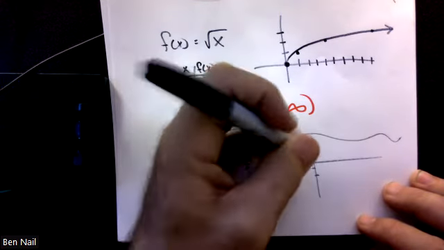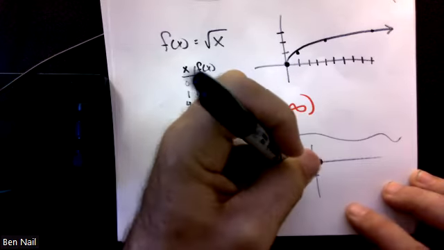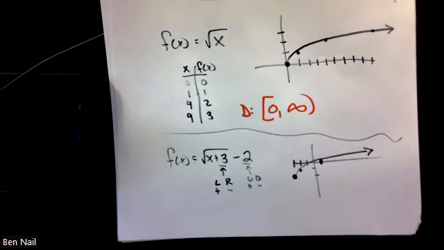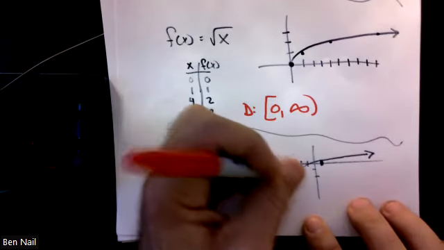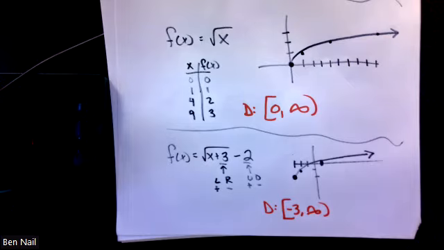So over 1 and up 1, 2 over 4. So it would look like that. Then again, if they ask you about the domain of this particular function, it's everything from -3 forward.